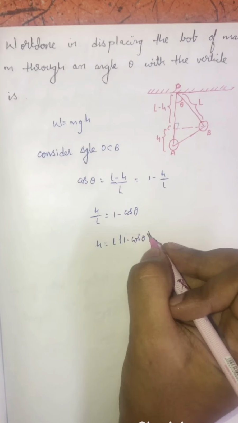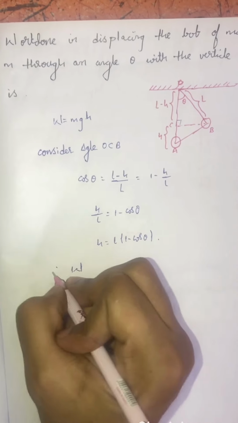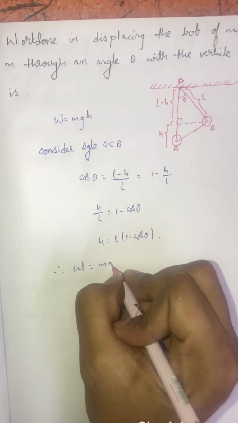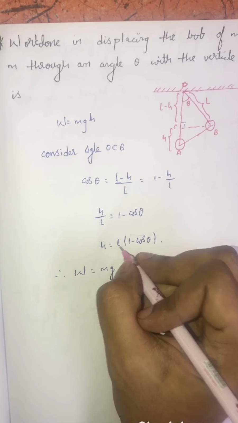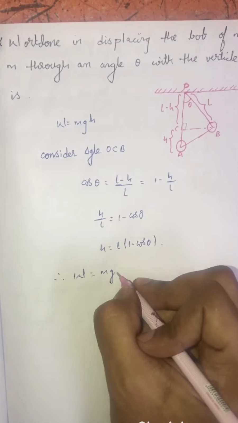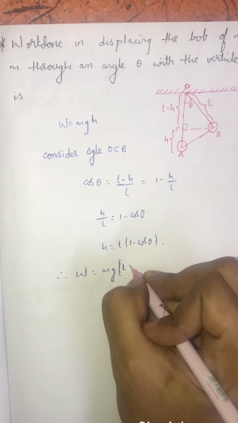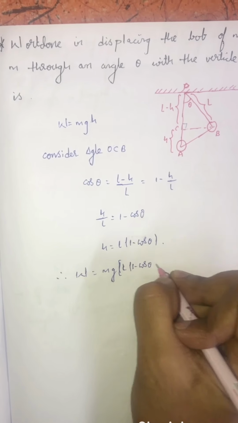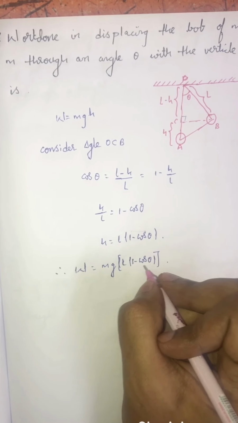So therefore work done will be equal to mgh, substituting the value of L times 1 minus cos theta in the value of h, we will get mgL times 1 minus cos theta.